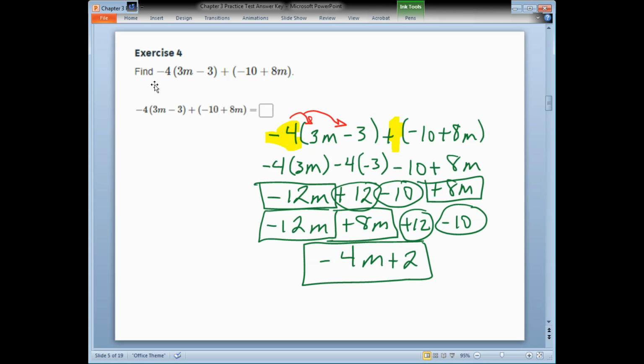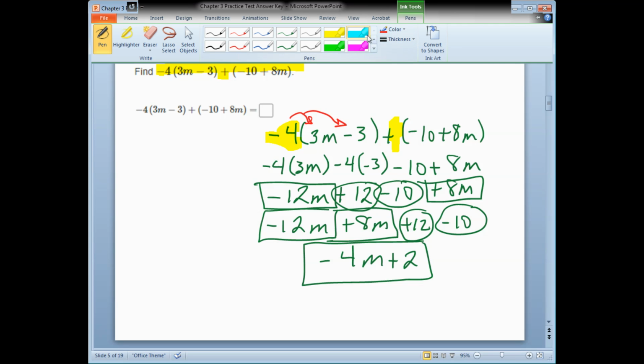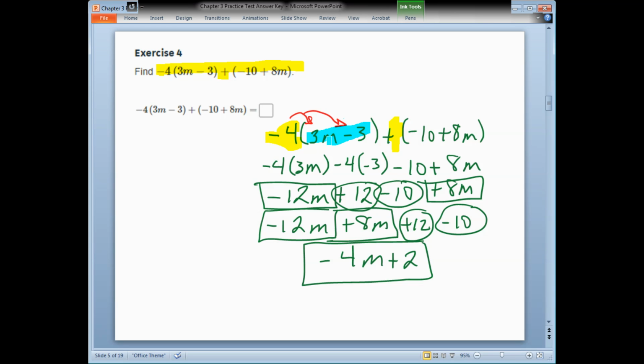So again, when I have to find the sum of two linear expressions, that's the same thing as saying, hey, simplify this whole expression. So look, now I have a number in front of this linear expression. Let me get another pen color. In front of this linear expression, there's a number.